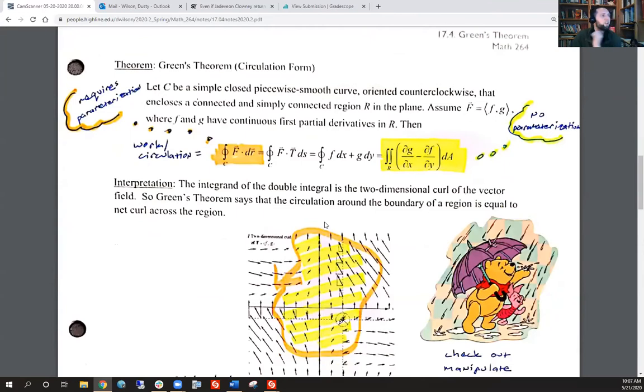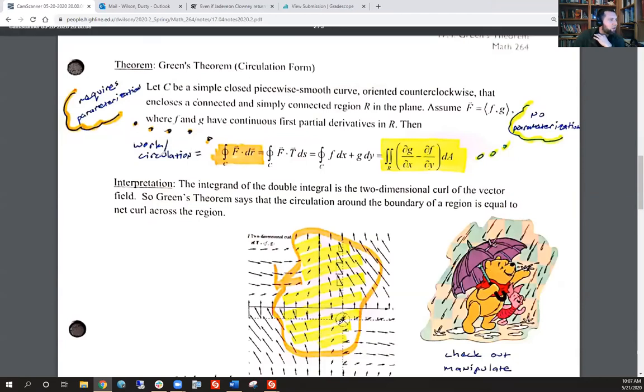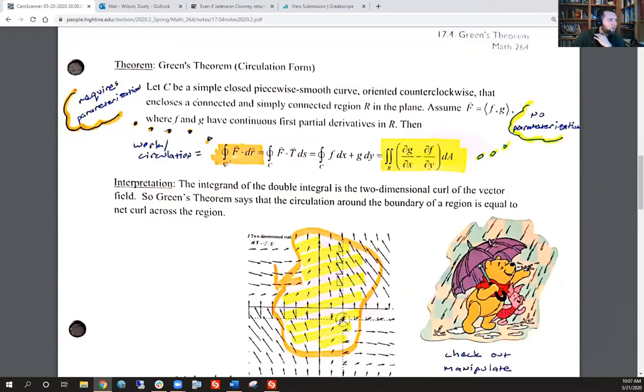So here's Green's theorem, and again, this is the circulation form. If we want to calculate the work or the circulation, that would be the line integral along C around the closed path. This only applies to closed paths, the F dot dr. Remember, to find the work or the circulation, what we care about is the tangential component of the field.